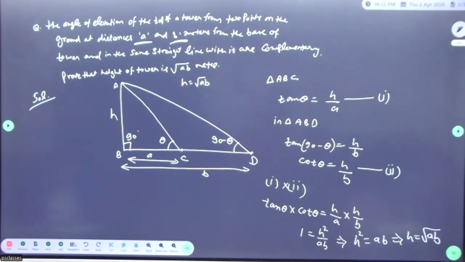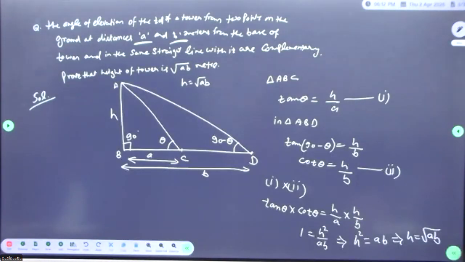Then b is equal to h by cot theta. H by cot theta, na? Oh, you take this one as a is equal to h upon cot theta, b is equal to h upon tan theta. Then in here root ab. So do not write this h is equal to this.